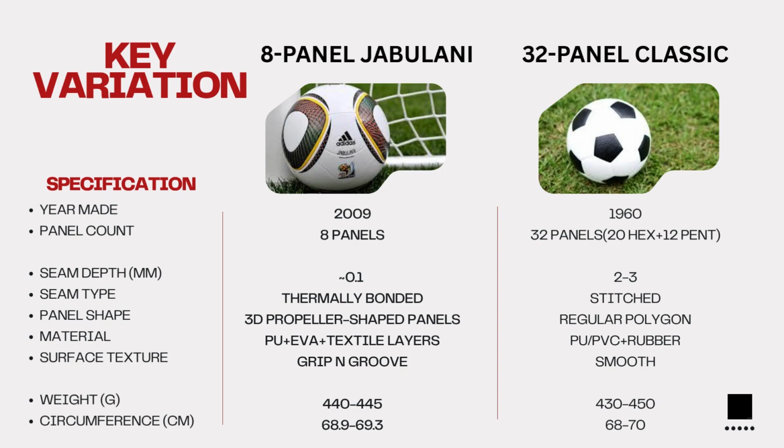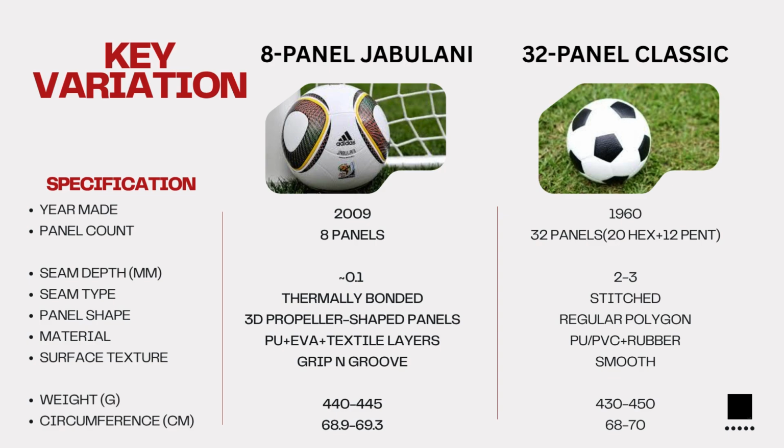The Jabulani, introduced in 2009, has only 8 thermally bonded panels with a 3D propeller shape made from PU, EVA and textile layers. It has a very shallow seam depth of about 0.1 mm and a grip and groove surface texture designed to improve grip and control.